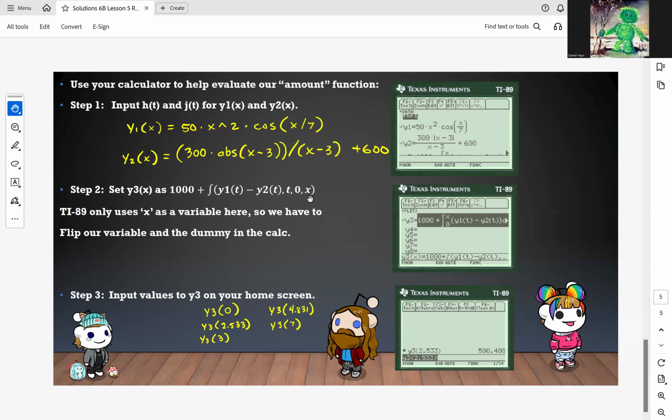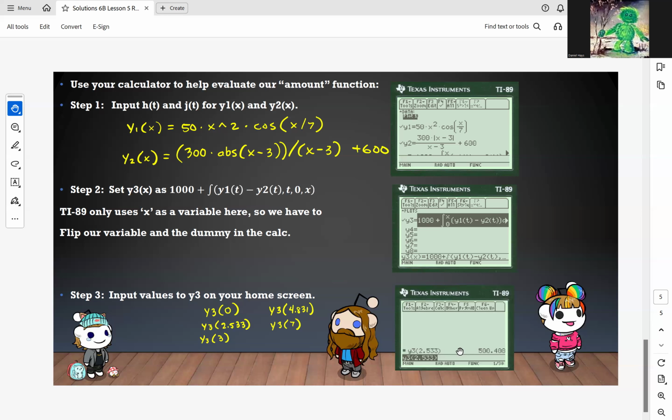So now you have your amount of people function programmed into Y3. If you go back to your home screen, you can literally type Y3 parentheses and then each of our 5 candidates into the parentheses and evaluate them very, very quickly without having to retype some complicated equations over and over. So I would recommend that you do that.